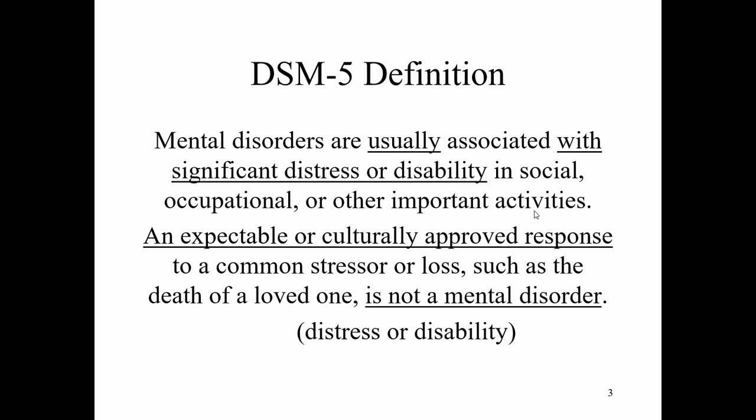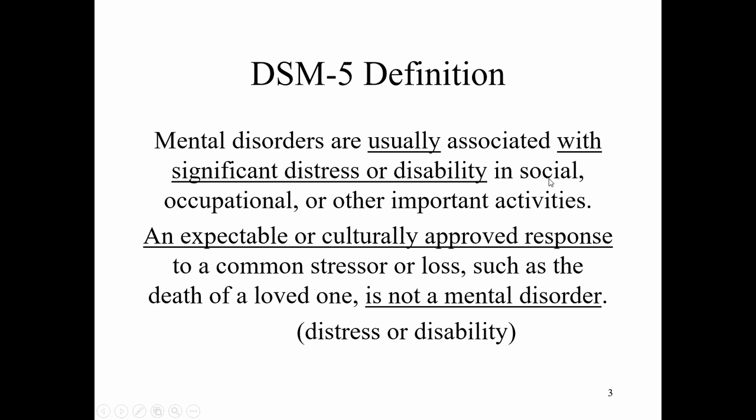So usually we're going to see significant distress. What is distress? Something that's very uncomfortable, right? Something that's very unpleasant. Or disability. Disability is again the opposite of ability, right? So the person is unable to do certain things.